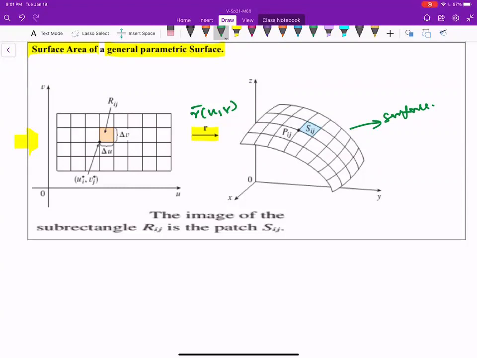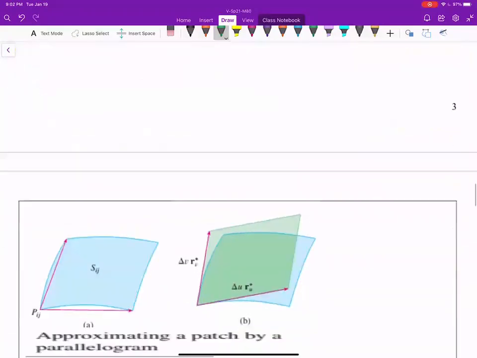So we are going to find the area of each of these patches, and then add them all. We know that we can approximate by a Riemann sum, and the Riemann sum gets translated into a double integral. That is the idea here.